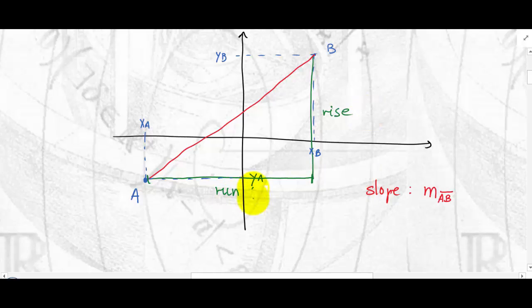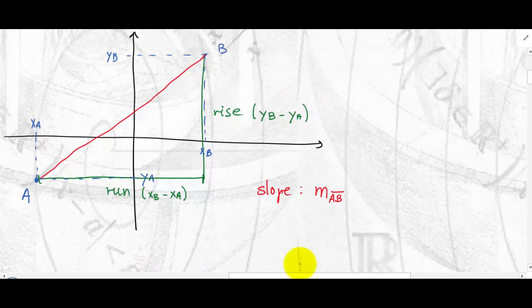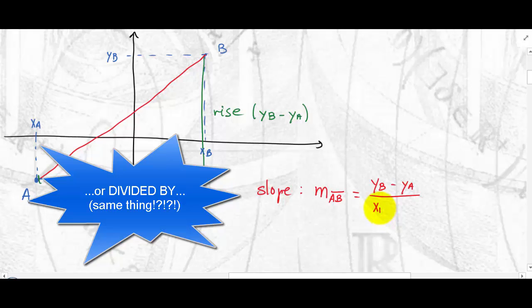So the run is x_B minus x_A, okay? And the rise is y_B minus y_A. You take the second point first and you subtract the coordinate of the first point. And we define the slope to be the rise over the run, so it's (y_B minus y_A) over (x_B minus x_A), okay?